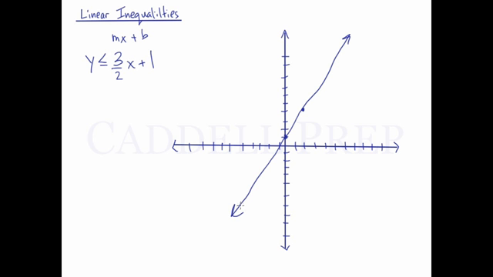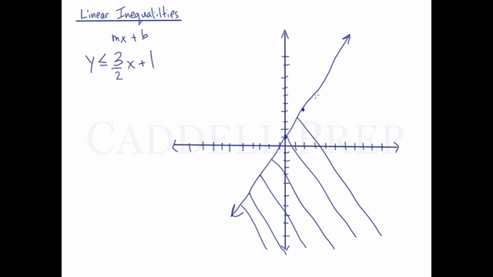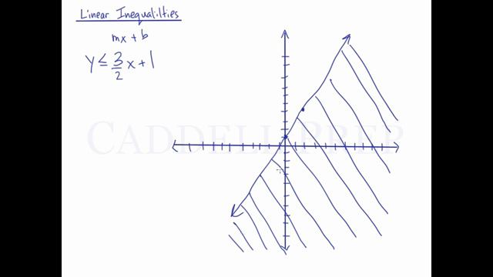So the solution would be anything under this line, so anything in this area that I'm shading in here, in addition to any point on the line, because y can equal 3 halves x plus 1. So anything here or on this line is a solution to this inequality.